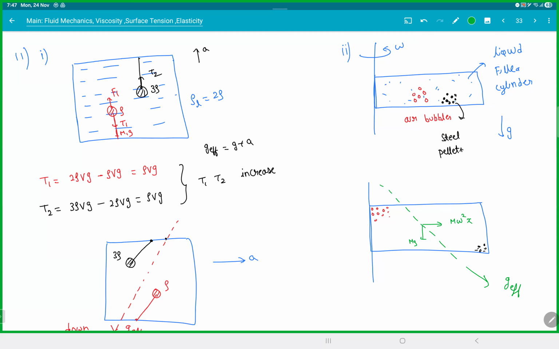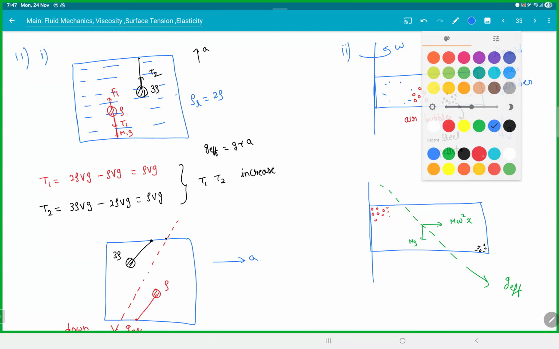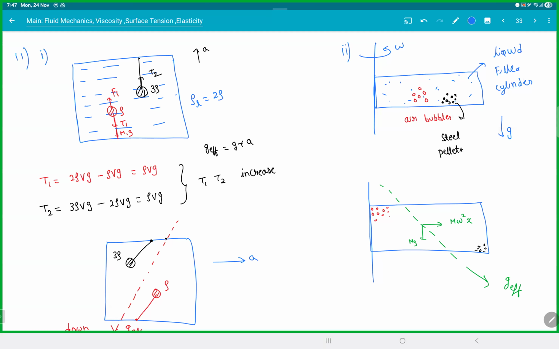Clear? So air bubbles will go to the left side and this thing into this side. So be careful with that. Which way you will move, it always says like this: lighter objects or less dense objects will go opposite to G effective. Denser objects will go towards G effective. Getting it? That would be easy to say. Clear with this? Good one, theoretical thing.